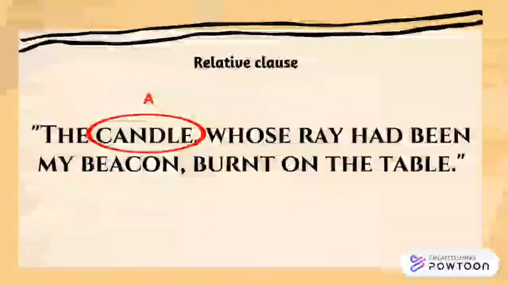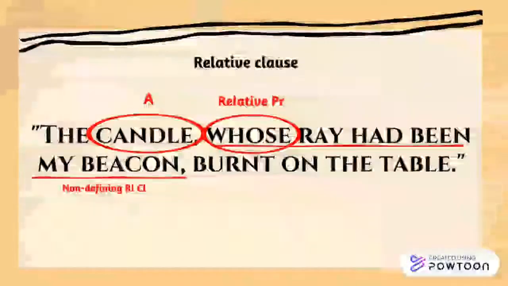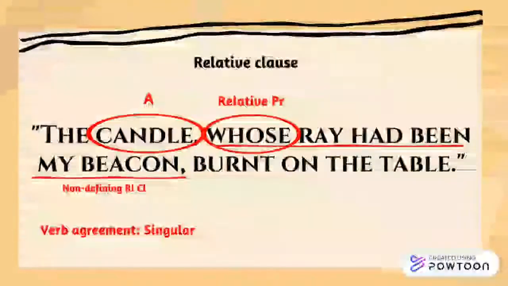The relative clause is introduced by the relative pronoun whose, that indicates possession, and it is a non-defining relative clause since it is adding extra information between commas. And the verb agreement, which is when the subject and verb agree between being singular or plural, in this case is singular because we have candle, which is singular, and had, which is also singular.